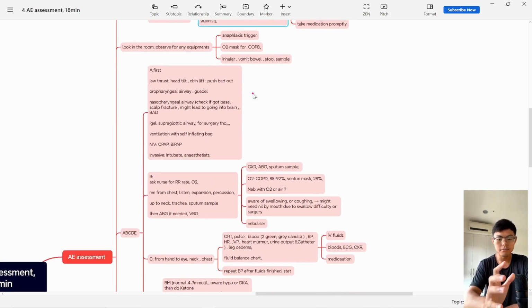After you have a brief understanding of what the patient is going through, like John has fever, chest pain, coughing out sputum, COPD, significant smoking history, you're going to quickly screen around the room to look for any hints.